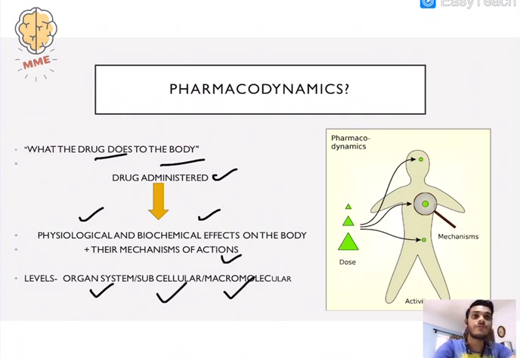So this exactly is pharmacodynamics. It is the study of what the drug does to the body. Okay. So here you can see the diagram. I have administered a drug, and it is following its various mechanisms of action, and it is having its activities, right? And this pharmacodynamics is a very basic question which they may often ask you in your viva, and we'll discover pharmacodynamics in much more detail in the subsequent videos.